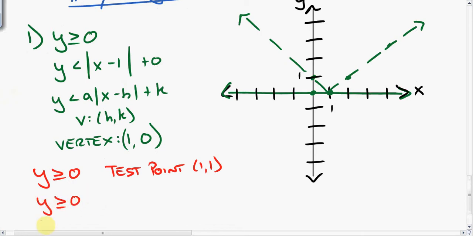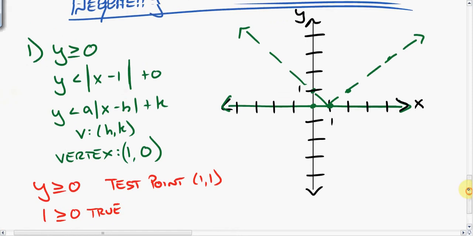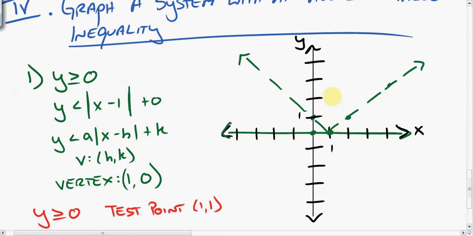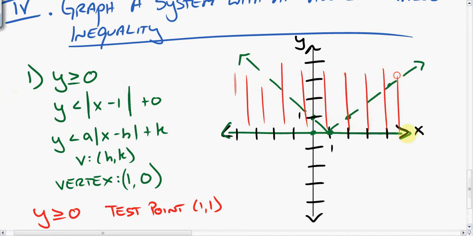Instead of y, I'm going to plug in the value of y, which is 1. Is 1 greater than or equal to 0? Yes, it is, so that's true. So I'm going to want to shade in the direction of 1, 1, which is up. So I've got some nice shading going up from this line right here.